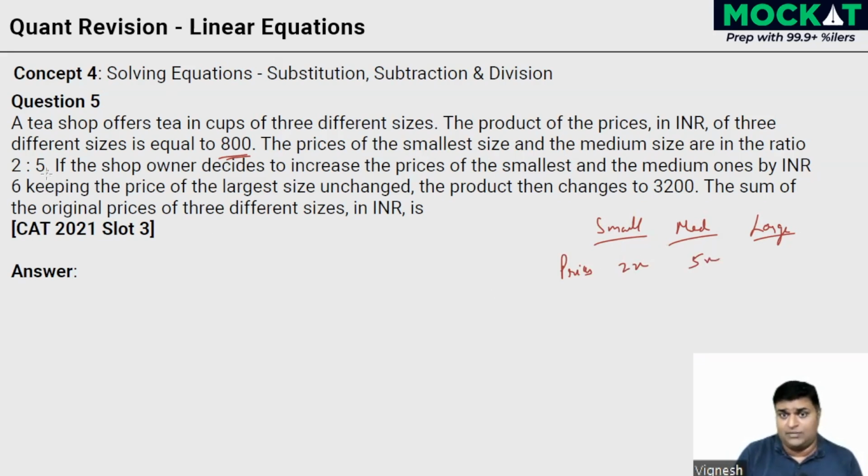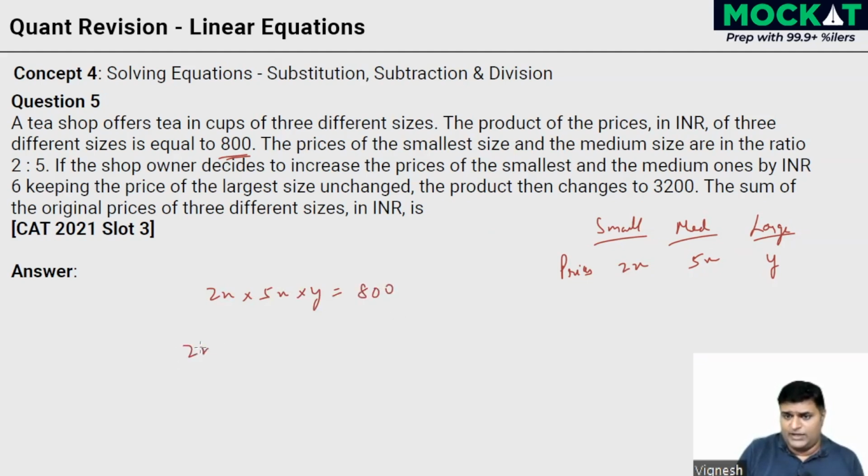For small and medium. If the shop owner decides to increase the price of the smallest and the medium ones by INR 6, keeping the price of the largest size unchanged. Let's keep that as y. The y is unchanged. The product then changes to 3,200, right? So that means 2x into 5x into y is given to us as 800.